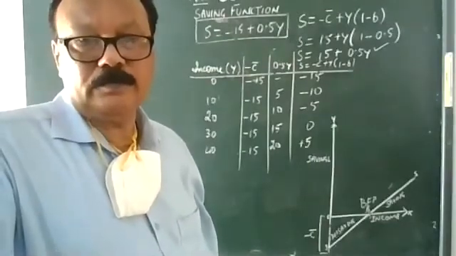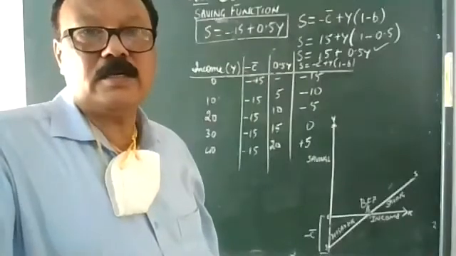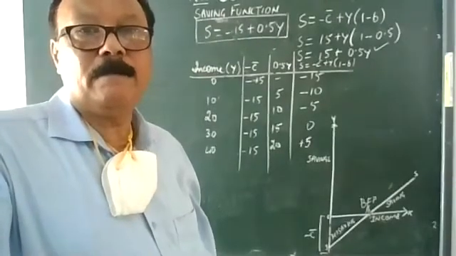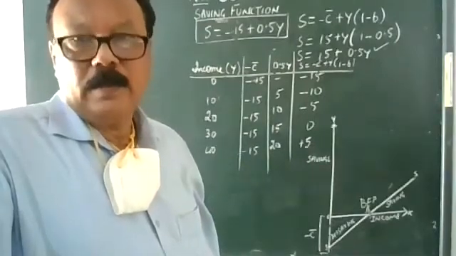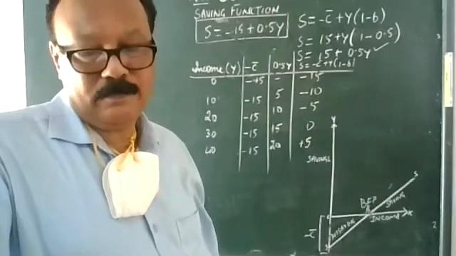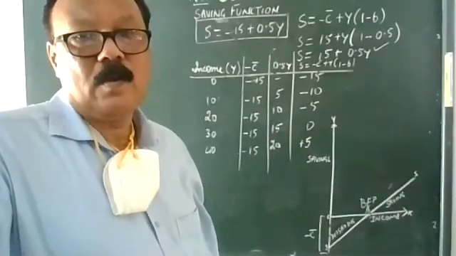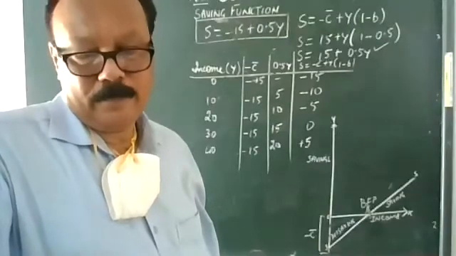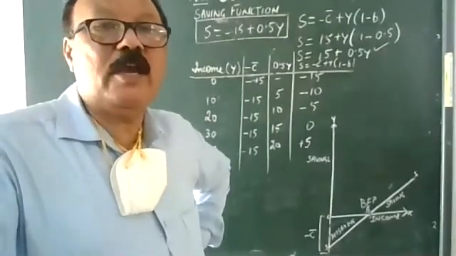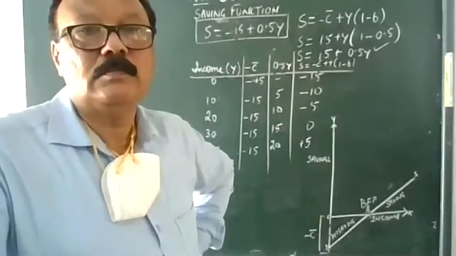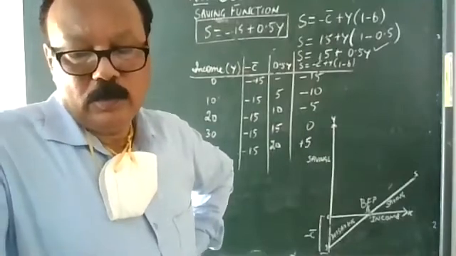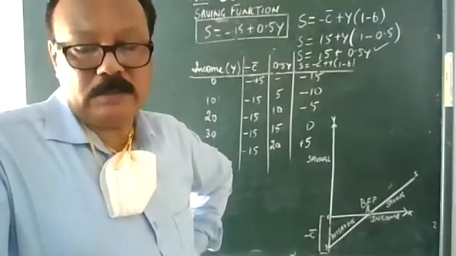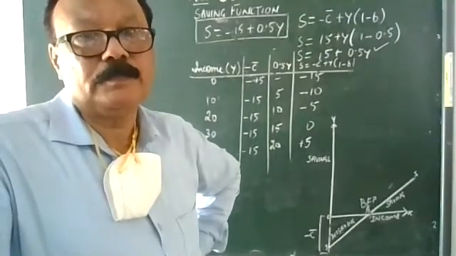This shows that at zero level of income there is dissaving or negative saving which is equal to autonomous consumption. That was the second point.